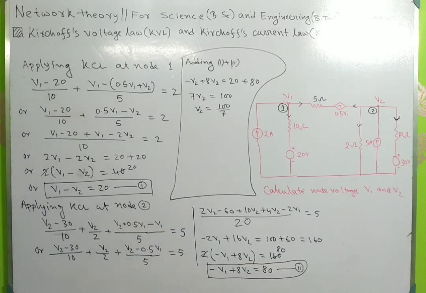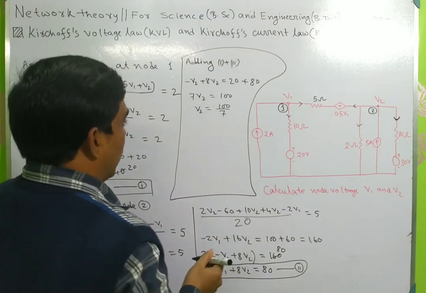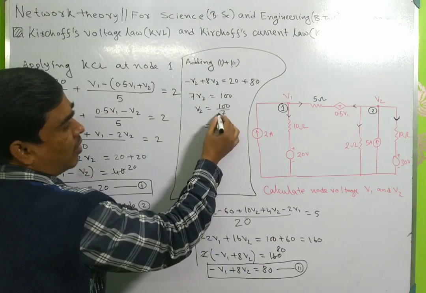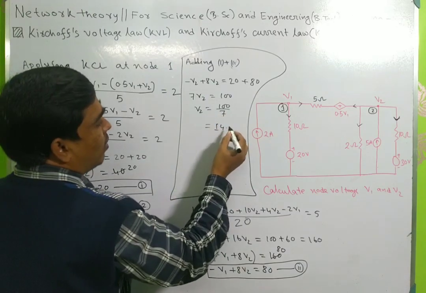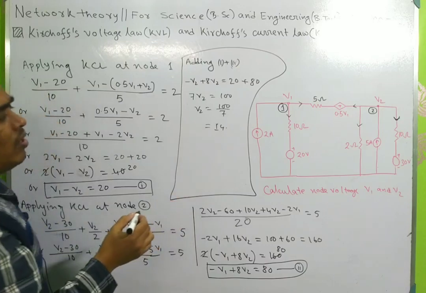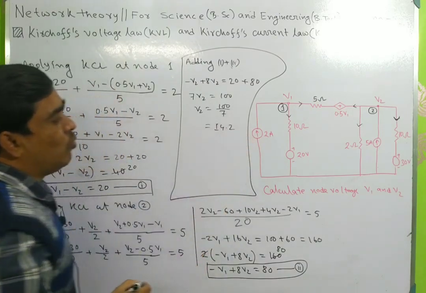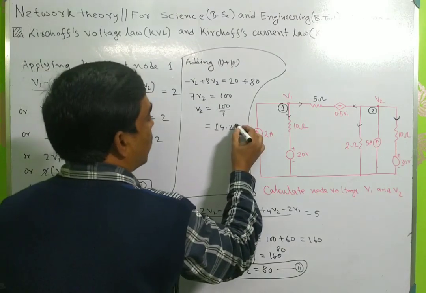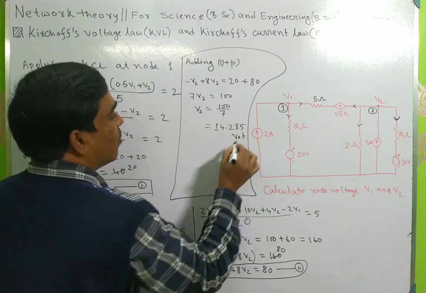So if you divide 100 by 7, it will be 14.285 volt.